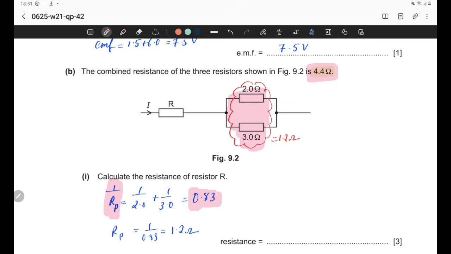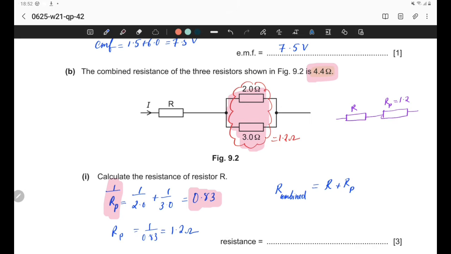Now we can consider these two resistors, that is, one unknown resistor R is in series with this parallel combination of resistors which we calculated as 1.2. Now we have two resistors connected in series. So we can write, in series, R combined will be equal to the unknown resistor R plus the R parallel combination which we already calculated.